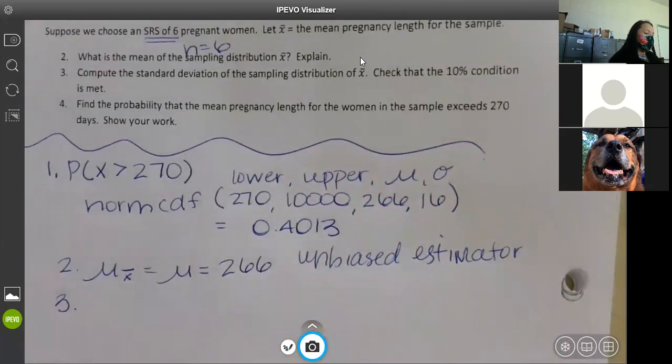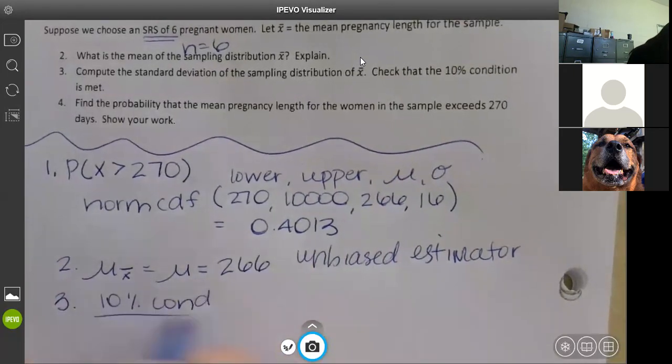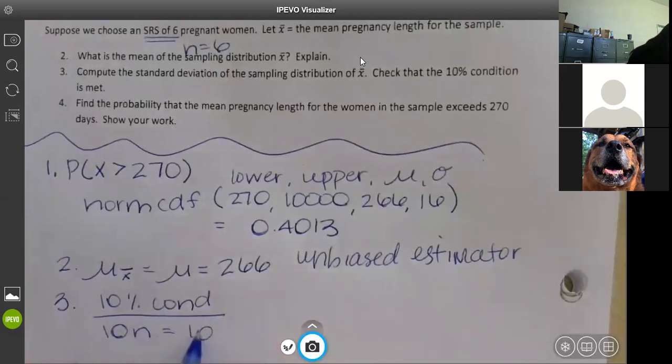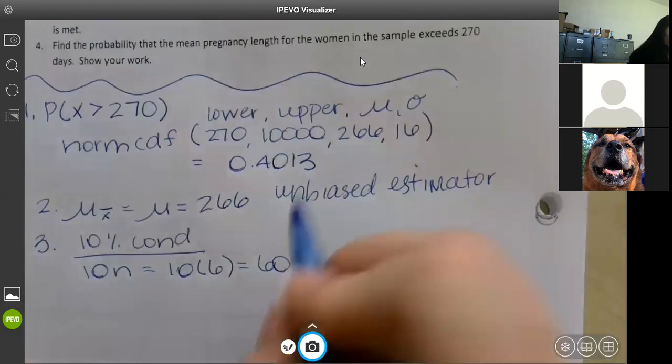3 says compute the standard deviation of the sampling distribution of X bar. They will not tell you this all the time, but what they're trying to get you to understand is every time you try to find that standard deviation, check the 10% condition. So the 10% condition is what we need to check first. We do that by 10 times the sample. So our sample size was 6. So 10 times 6 is 60. Do you think there are more than 60 pregnant women in the population? Yes.